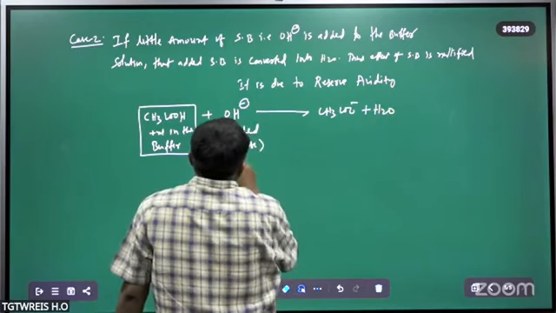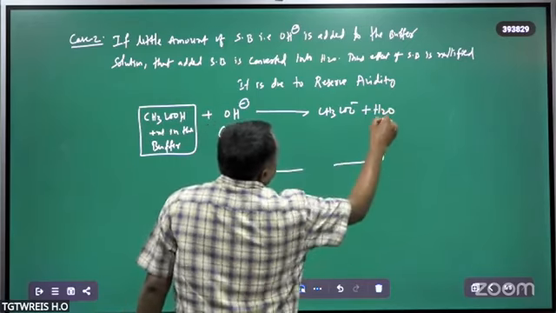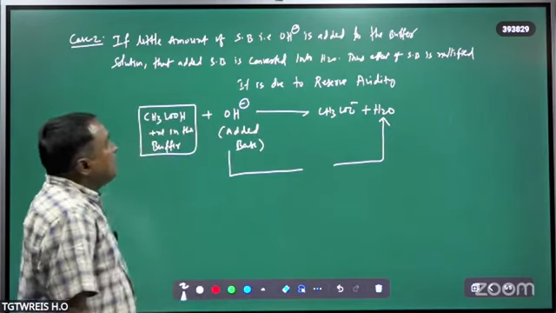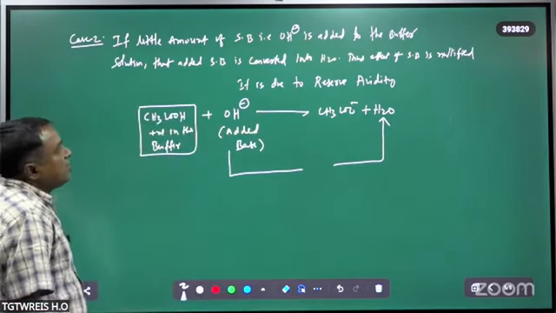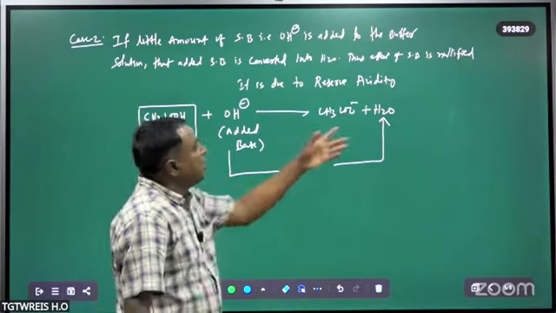So this OH minus is converting into what? Water. Therefore, the effect of the strong base is nullified by converting it into water.